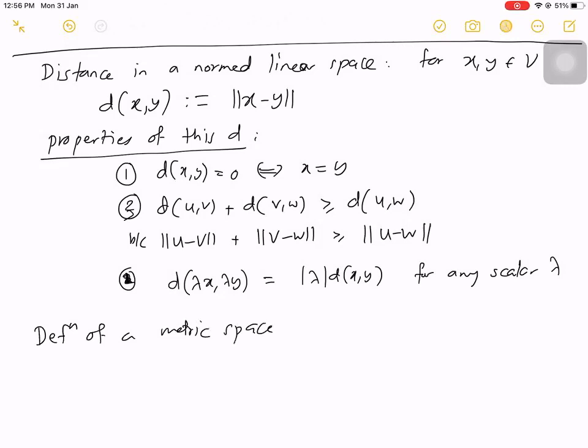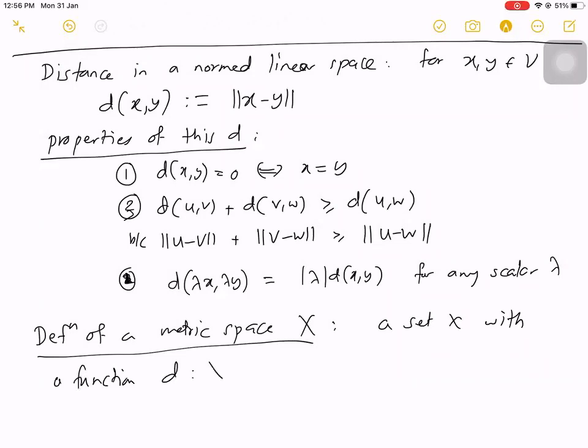Metric space, let's say X. A set X with a distance function. So it is going to be from X cross X to real numbers greater than or equal to 0, such that I have the analog of the first two listed properties over there.